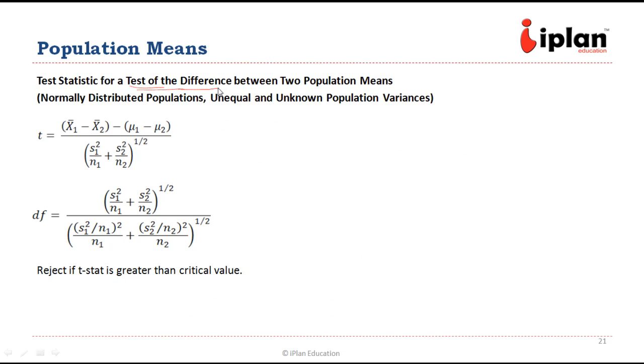Here the objective is to test the difference between two population means. The difference is, though the populations are normally distributed, the population variances are unknown and unequal. The only difference with the previous case was where we assumed the variances of both the populations to be equal. There we conducted the pooled t-test.